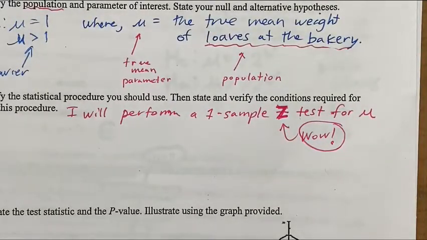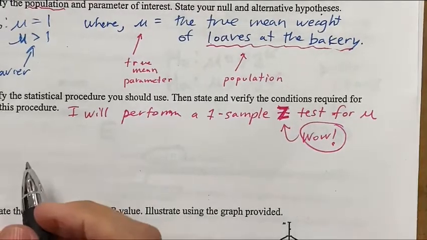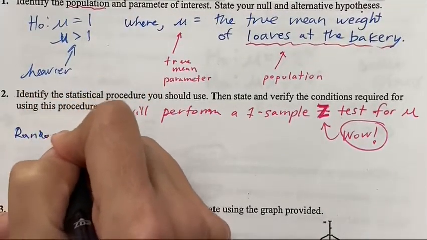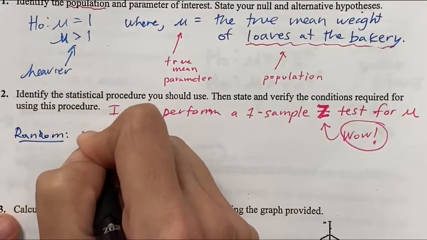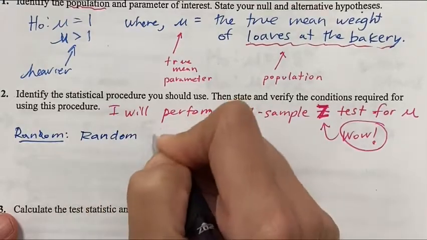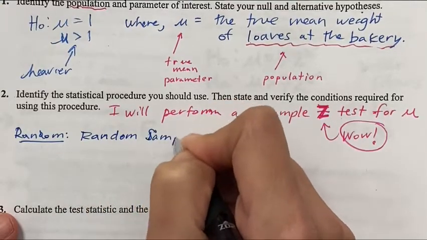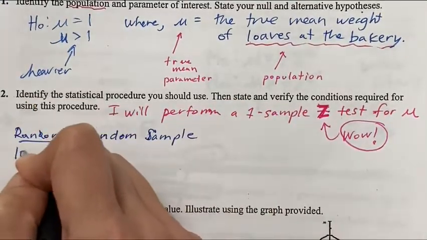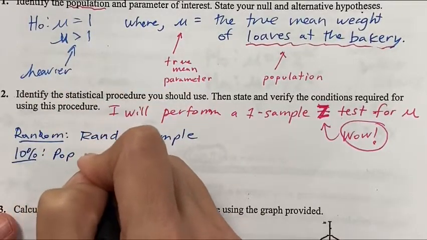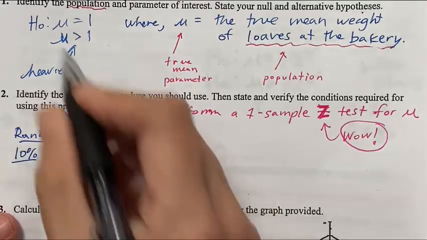Okay, now let's do our conditions. So random: we should write that it needs to be a random sample. 10%: population is greater than 10 times the sample size.